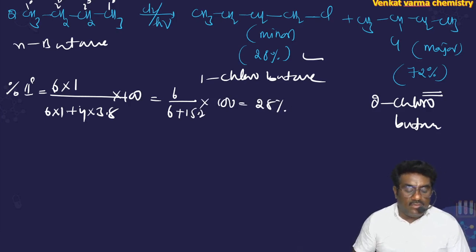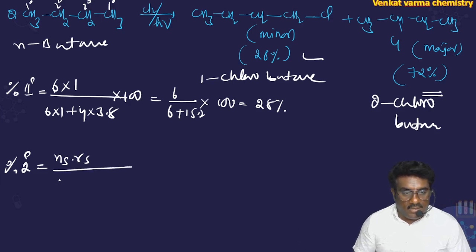Okay, have a look for the percentage of the secondary. Percentage of the secondary means number of secondary hydrogens and reactivity of secondary hydrogen, divided by number of secondary, reactivity, and number of primary and reactivity, into 100.